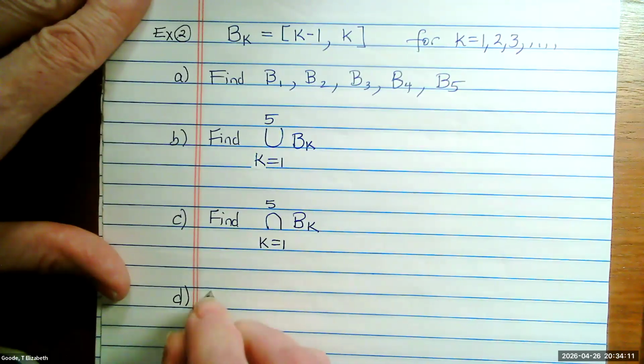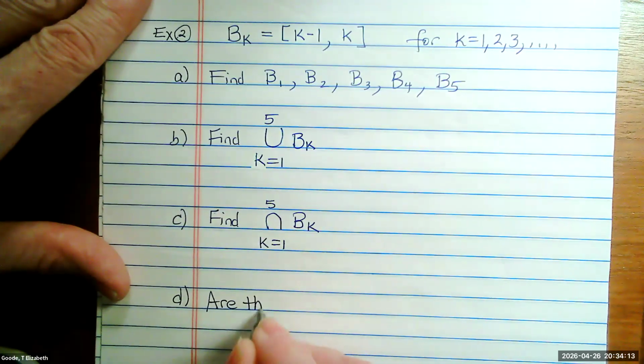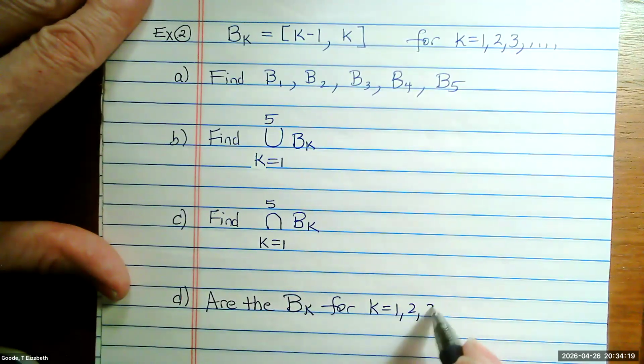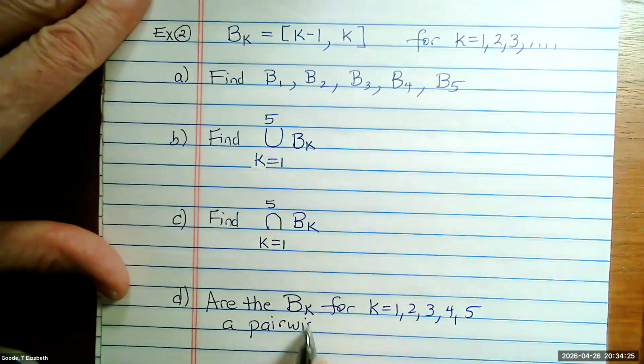D. Are the B sub k for k equal 1, 2, 3, 4, 5 a pairwise disjoint collection?